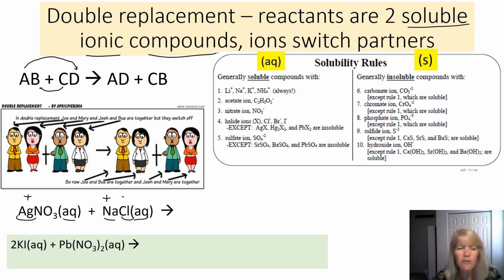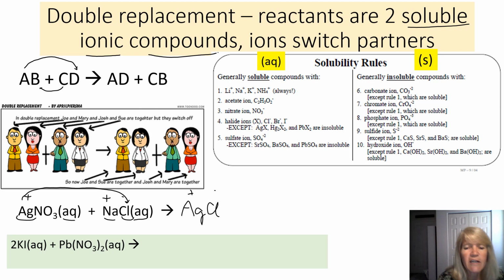The positive goes with the negative. So silver is going to go with the chloride. And so we're going to have Ag and Cl as one of our products. Now when we put it together, we have to balance the charge. So silver is plus, chloride is minus. We're good. We don't need subscripts. So that's one of our products.